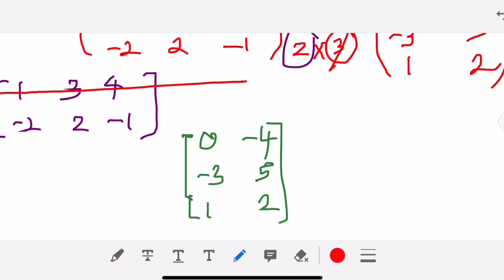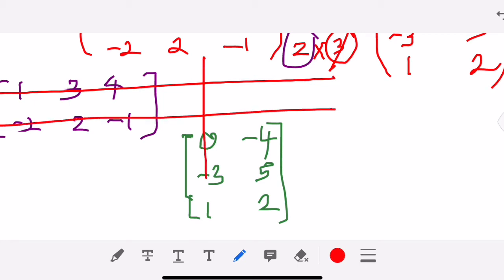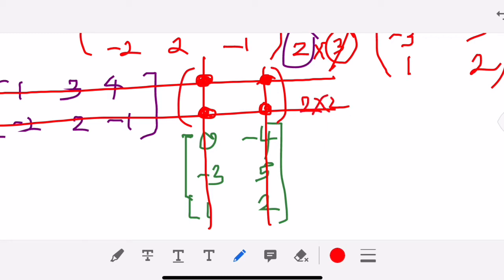So these are the lines: row 1, row 2, column 1, and column 2. Got it? So the answer that you get should be at the red dot that I'm showing. So it's 2 by 2, right? Just now we expected the product will be 2 by 2, right?